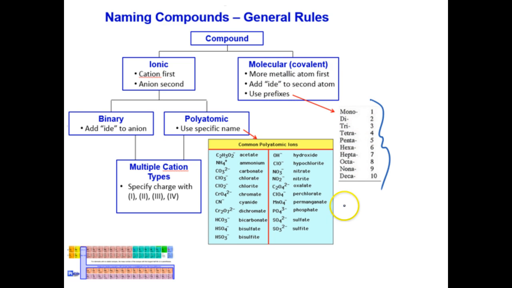All right, so the first thing we can do is look at an example like this, CO2. Most people know what that is. When you only have one atom at the front, so this is just one carbon atom in our first position, we skip this prefix. We don't put mono in front of the first element here.